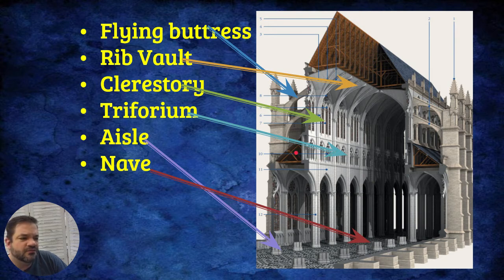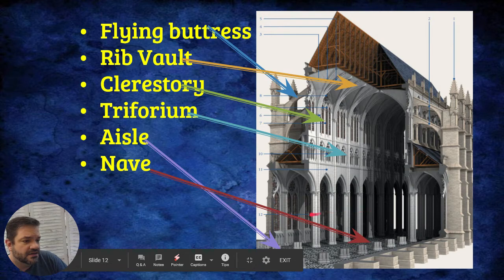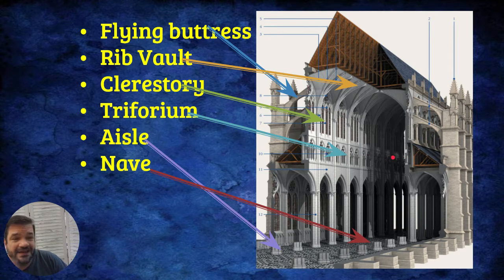Now, in the Romanesque, this portion in between the arcade, again, nave, side aisle, arcade, in between the arcade and the clerestory, in the Romanesque, this was the gallery, and you could walk up there. And early Gothic buildings are still going to have a gallery, but they're later going to get rid of that and just make it this pretty decorative stone, and it's called the triforium.